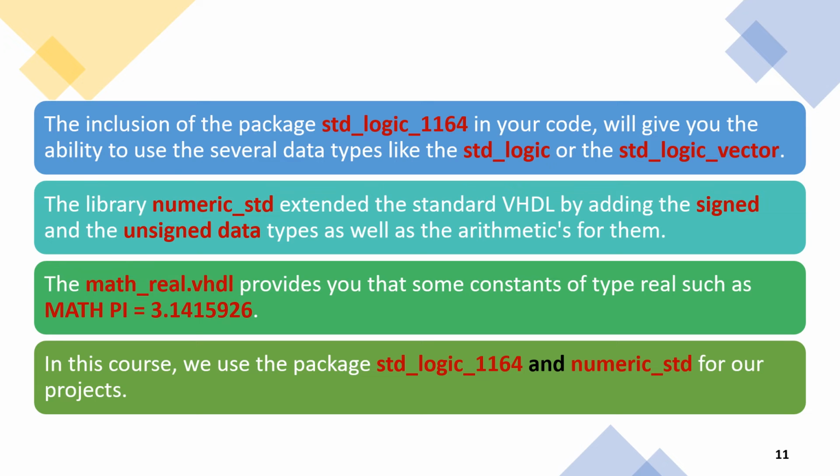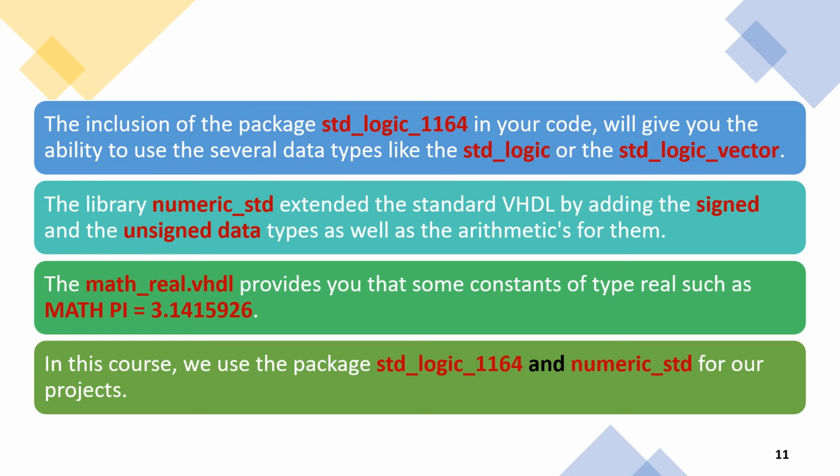The package STD Logic 1164 in your code will give you the ability to use several data types like STD Logic and STD Logic Vector. The library numeric STD is used for signed and unsigned data. The math real VHDL provides you some constants like math P.